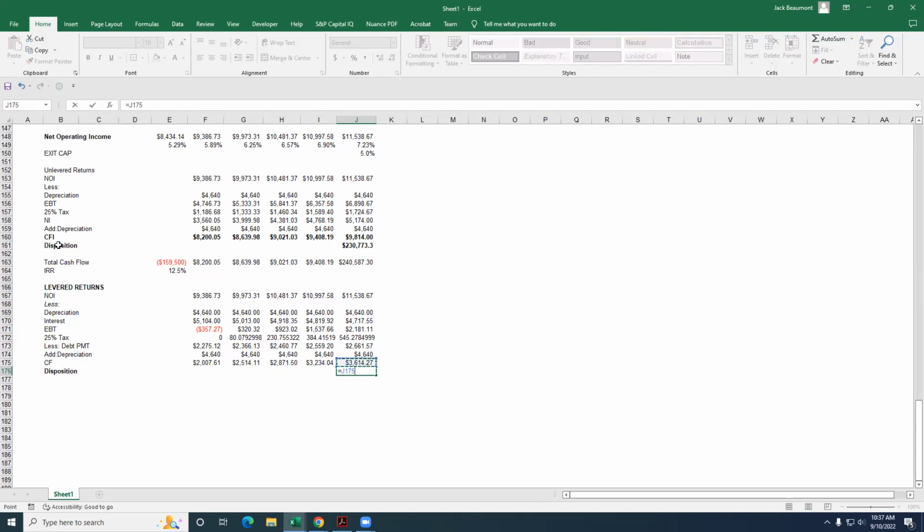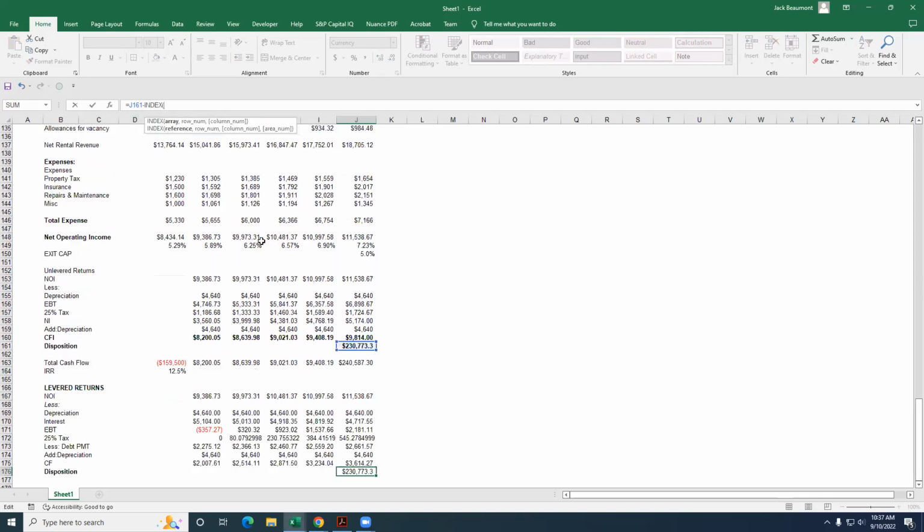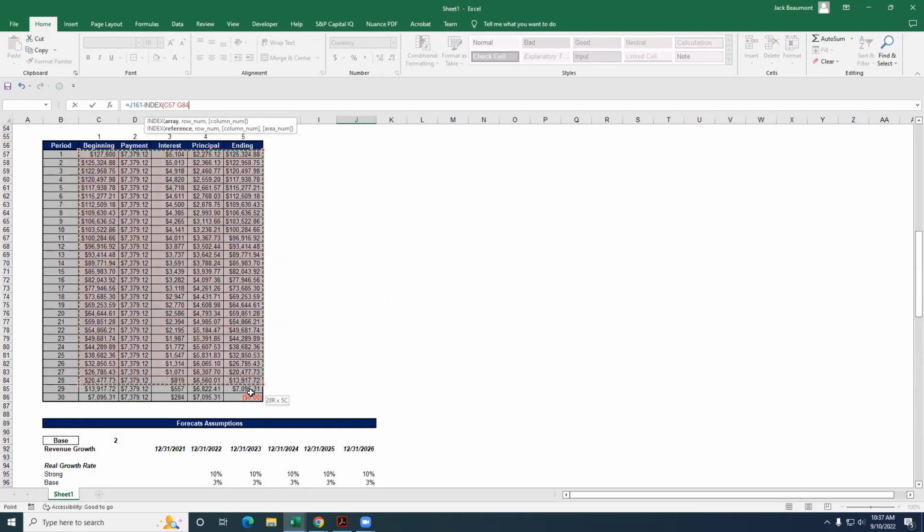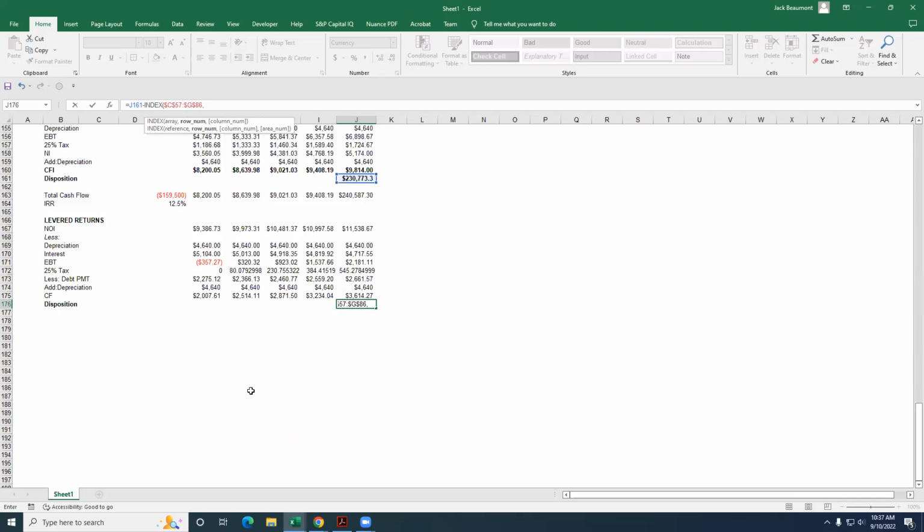So it's going to equal this, but then we also need to minus the debt outstanding. I'm going to do the index formula just again to show you how to use it, because obviously we do know when we're exiting, so I could have just referenced it once.